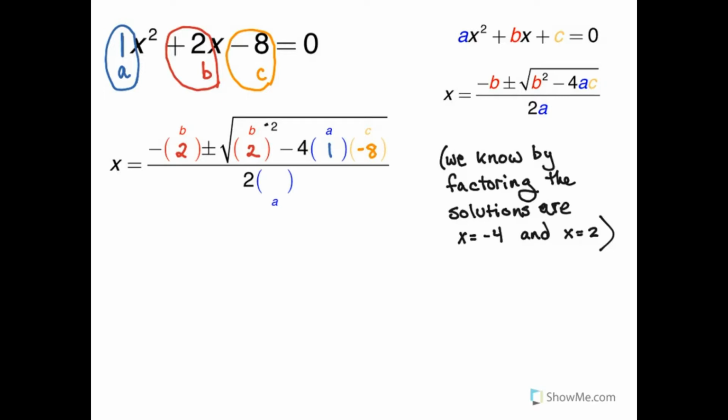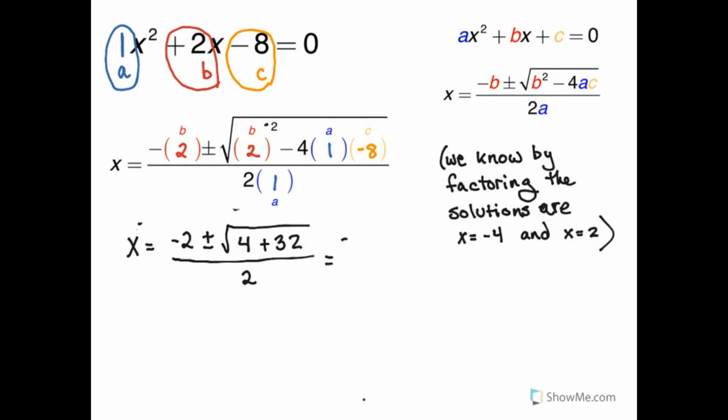All over 2a, and a is 1. To finish the problem, we need to simplify this. So x is equal to negative 2 plus or minus the square root of 4. Negative 4 times 1 times negative 8 is negative 4 times negative 8, or positive 32. And that's all over 2 times 1.